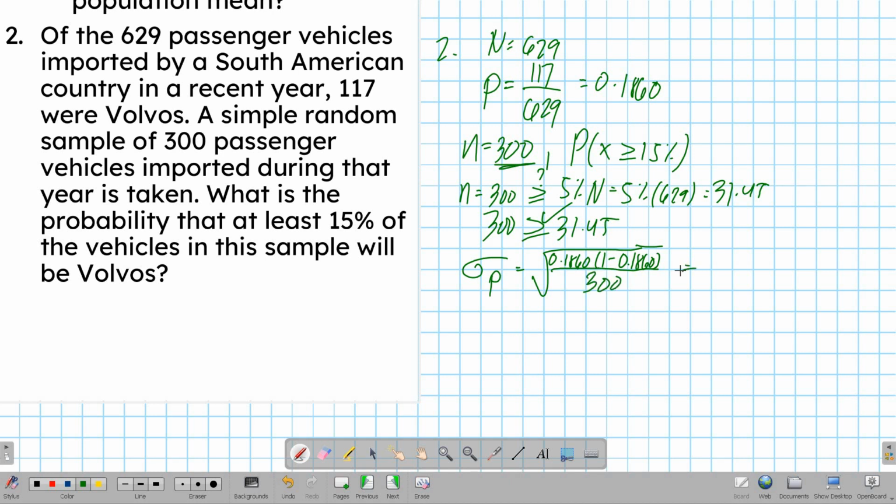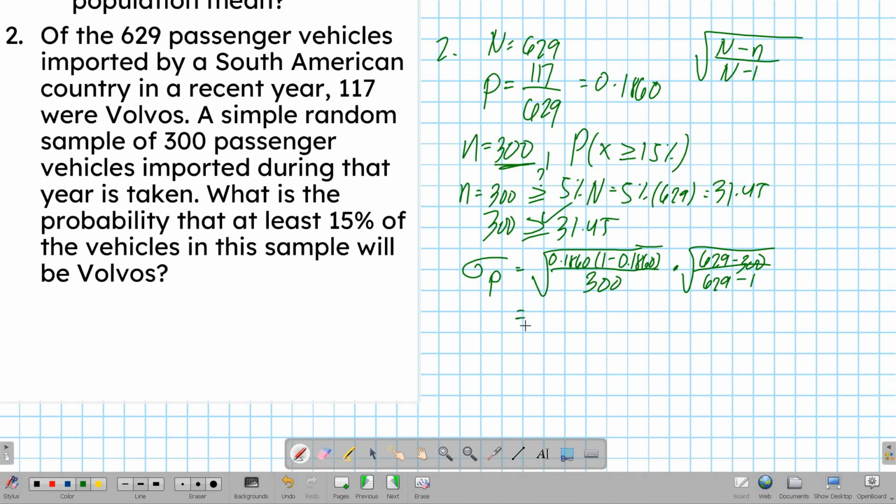Rounded to 4 decimal places, we're sorry. Before we do that, we also have to multiply by our population correction. Again, the formula is population size minus sample size over population size minus 1. So we're going to get 629 minus 300 all over 629 minus 1.